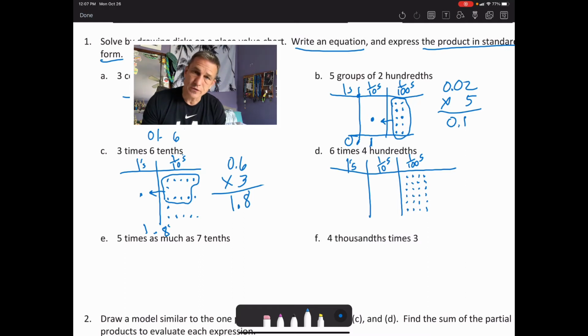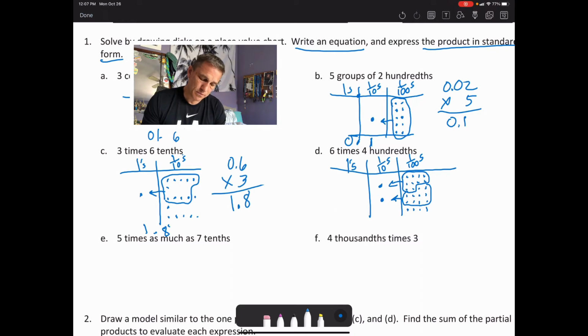24 hundredths. So I'm going to bundle them 10 at a time. So I have a group of 10 here. That will make a tenth. I have another 10 right here, which will make another tenth.